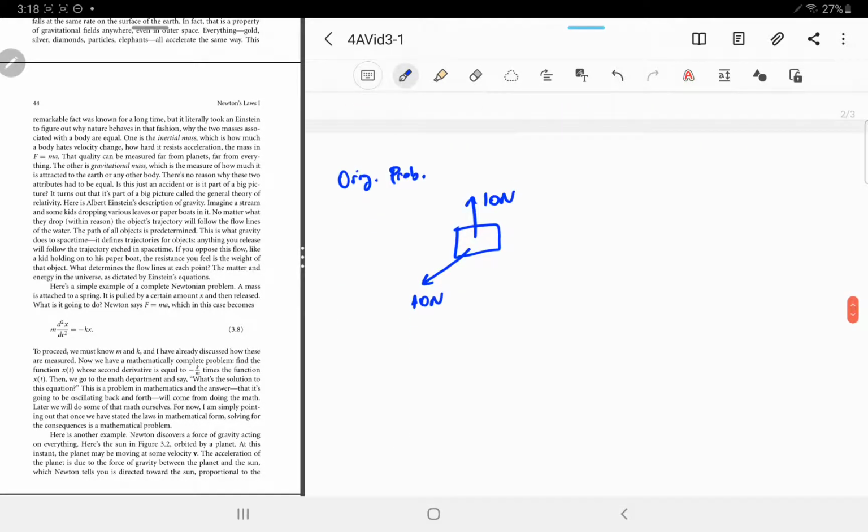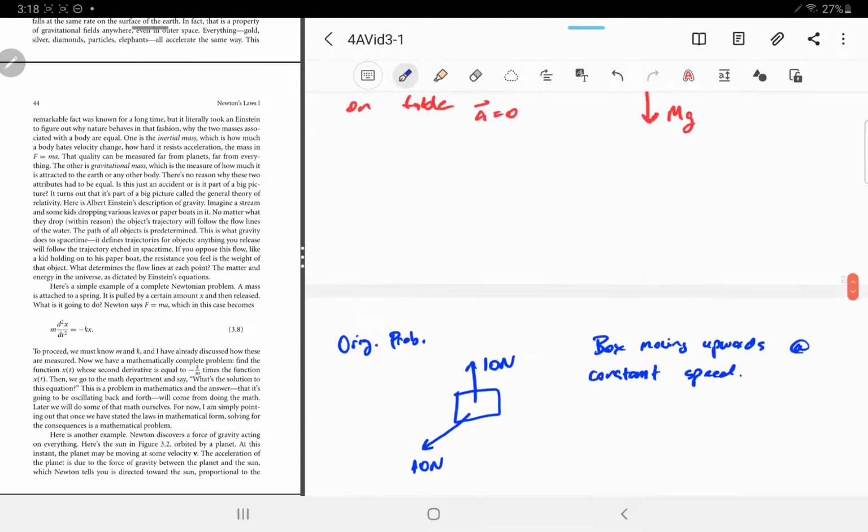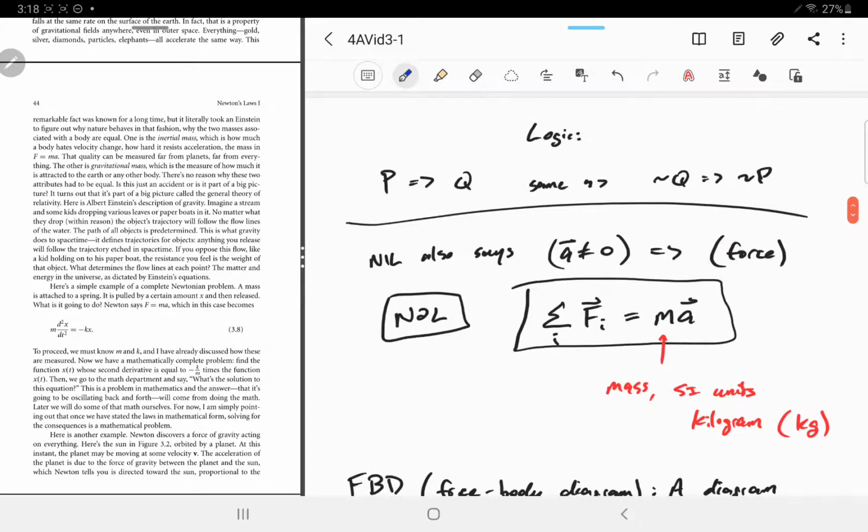Okay, so if the box is moving upwards at constant speed, the velocity doesn't really matter when it comes to Newton's second law. See how velocity doesn't appear in this formula right here.